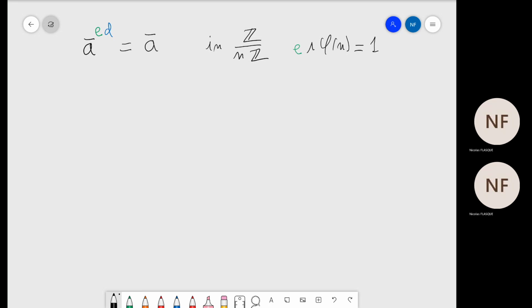So remember, in Z over nZ, actually we can write the following thing as a to the power of e times d modulo n is equal to a, if you feel more comfortable with that. So this can be used in the following way.